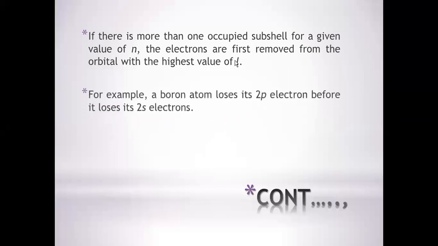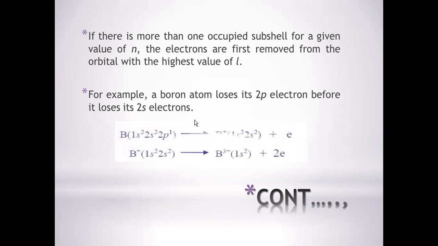If you take an example, the boron atom loses the 2p electron before it loses a 2s electron. The boron atom has atomic number 5: 1s2, 2s2, 2p1. There is no difference in the highest principal quantum number, since n equals 2 for both.